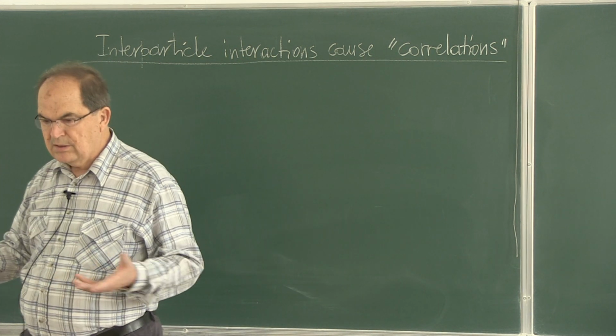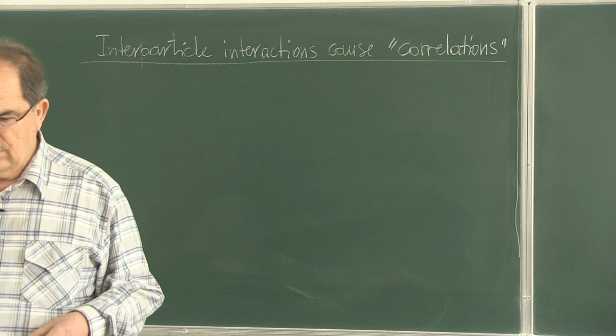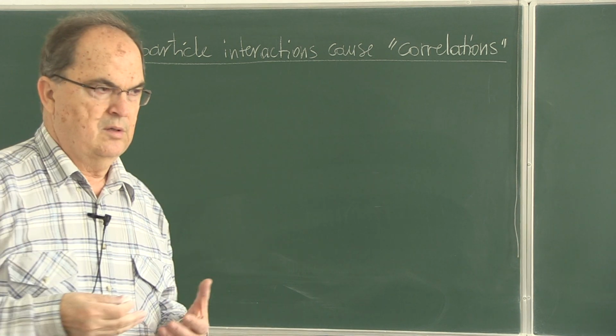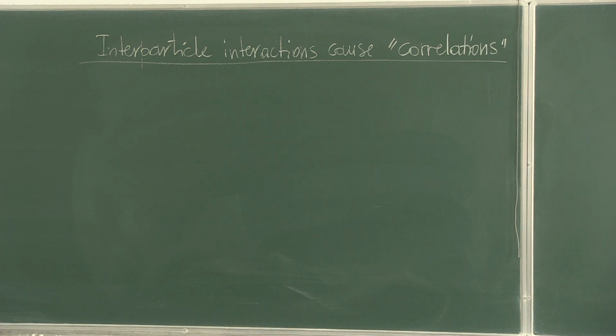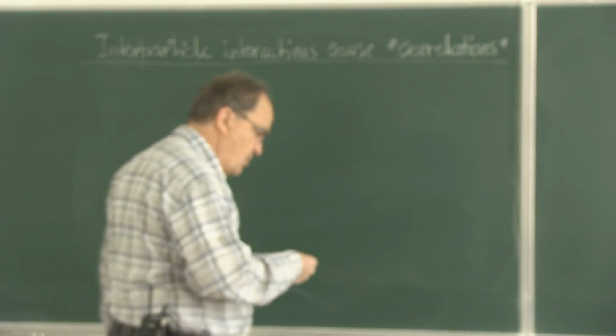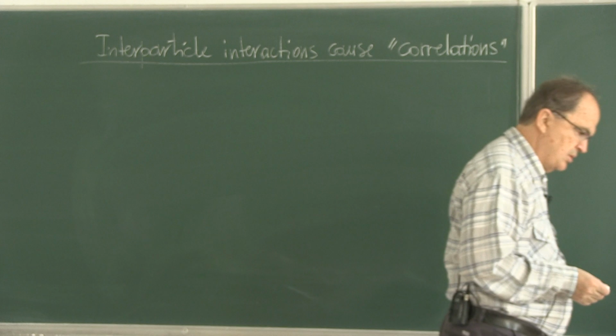In a gas, particles are completely random. They can be anywhere they like. There is no correlation between positions of particles. But here, there must be a correlation.